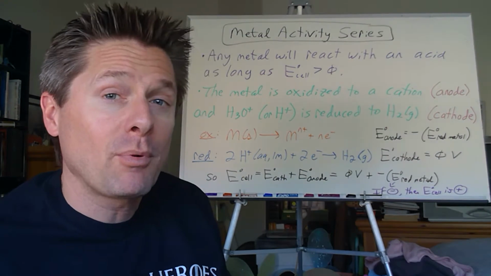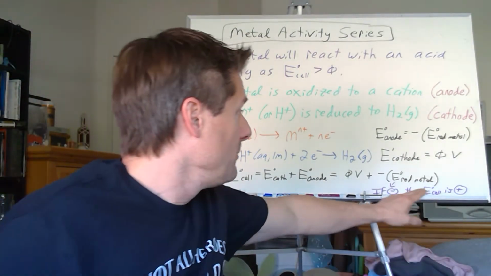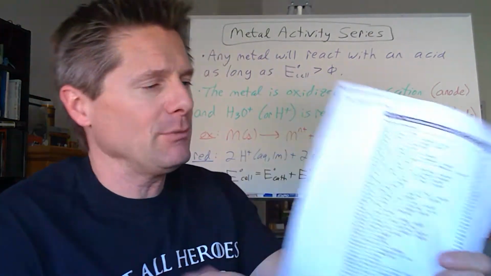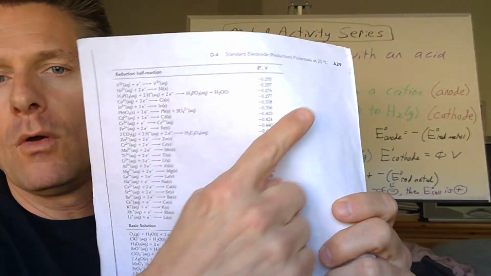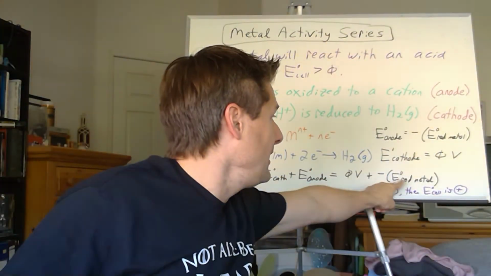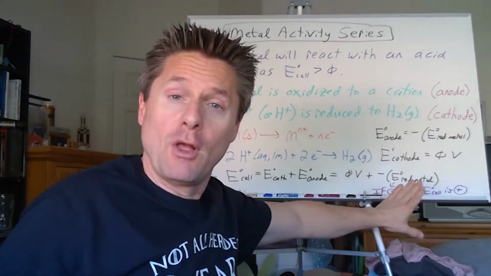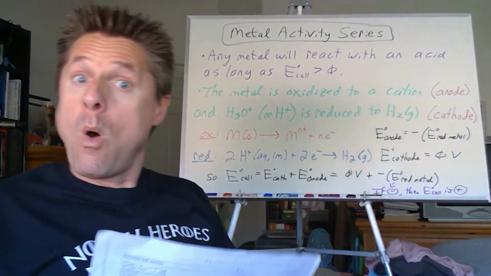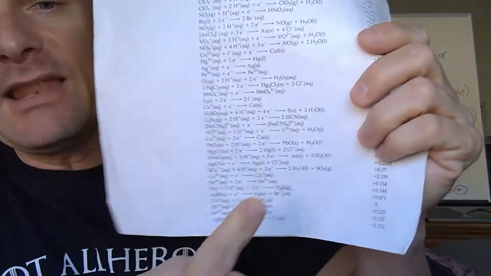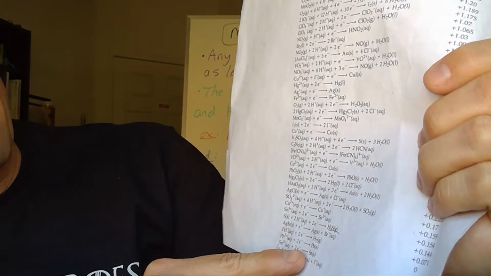That allows us to do a pretty cool shortcut, because if the reduction potential is negative and you plug that value in and take the opposite of it, the overall cell potential will be positive. So what that means is any of these reverse reactions, for example, if I took lead or tin, these have negative values.